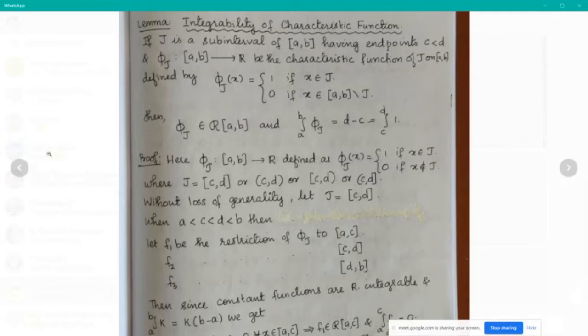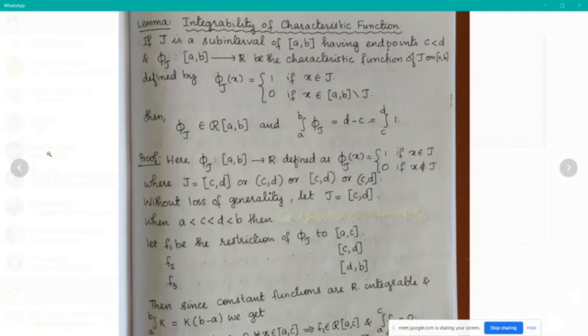Then here A is less than C less than D less than B, because C and D are the points taken from closed interval AB and C is less than D. That's why we have subinterval J with starting point C and end point D. Suppose A less than C less than D less than B ആണ്.